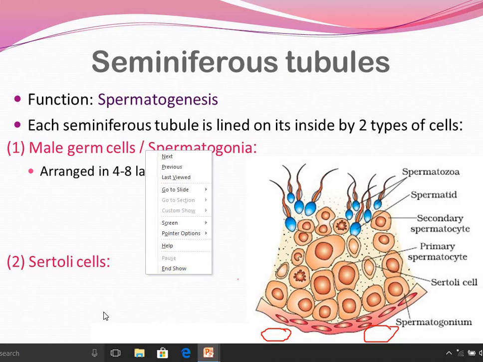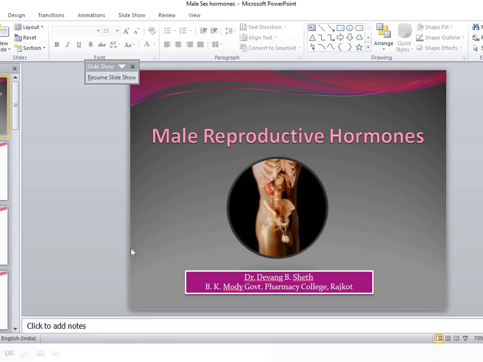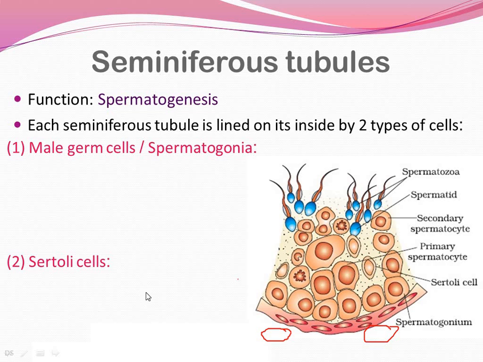Okay, so this is the overall structure. Now, this spermatogonia are a type of stem cells, right? Stem cells means immortal. They can divide lifelong, right? So this is a layer, and they are arranged in 4 to 8 layers, right?